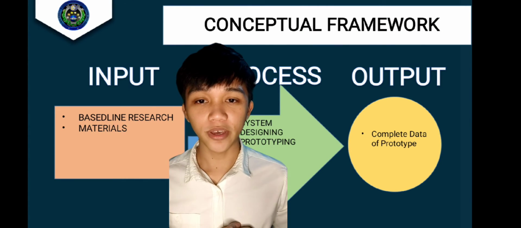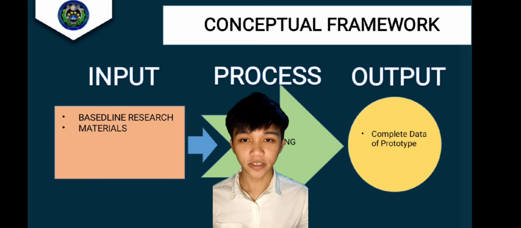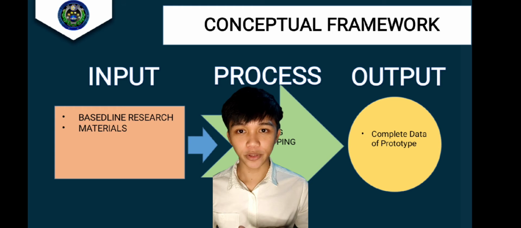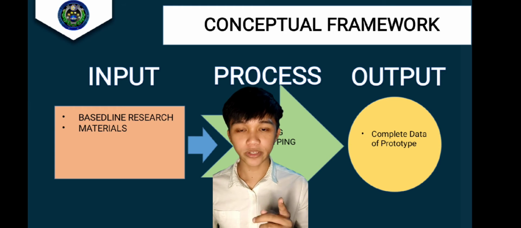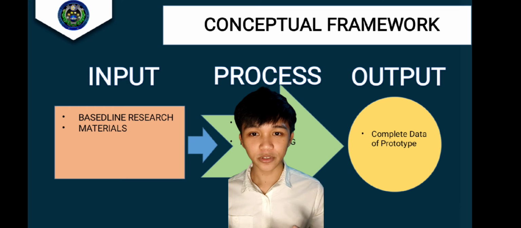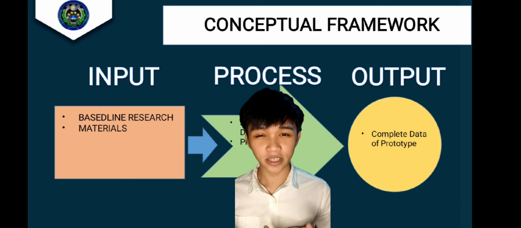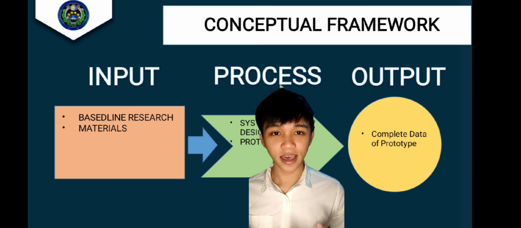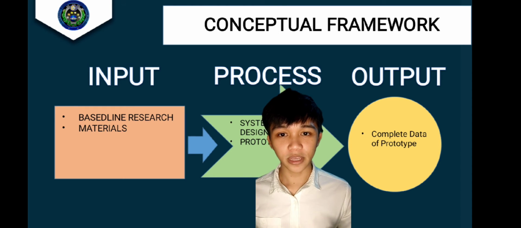For our conceptual framework, we have the input, process, and output. For our input, we have the baseline research and the material. The baseline research serves the purpose of informing decision makers what impact the project has had on the target community.